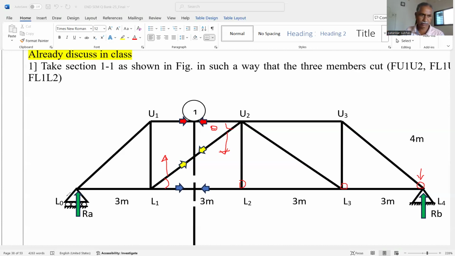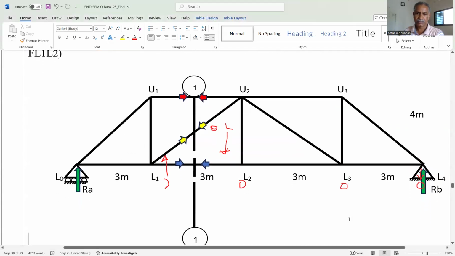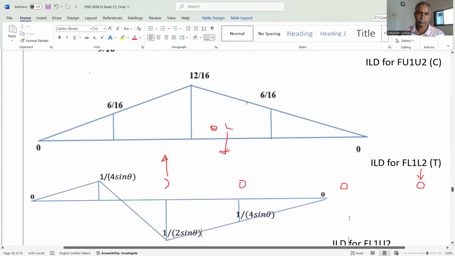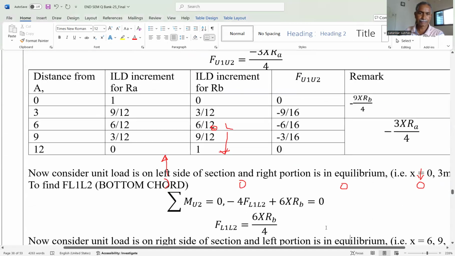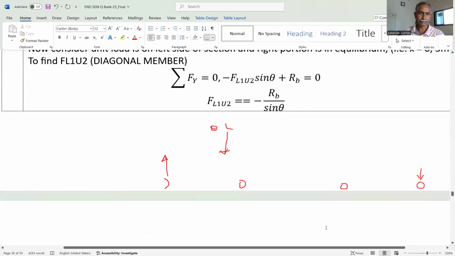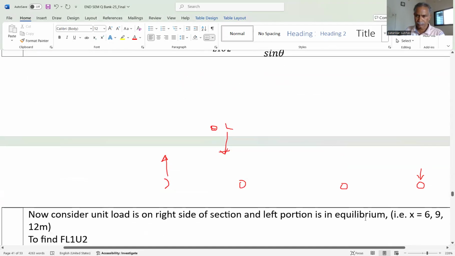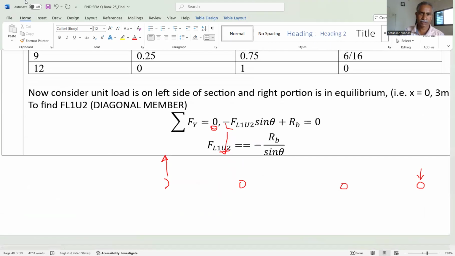So let us check the calculation and then show the ILD. Now here we have considered summation Fy is equal to 0 in y direction.